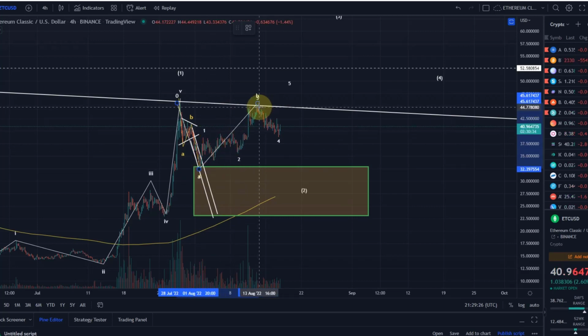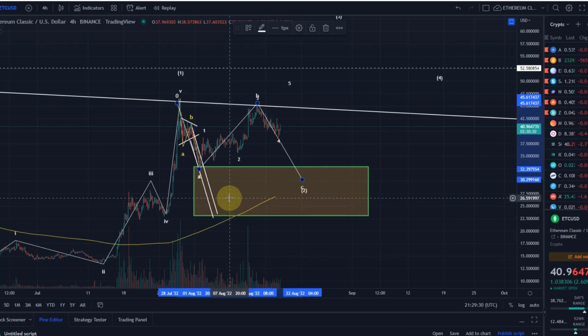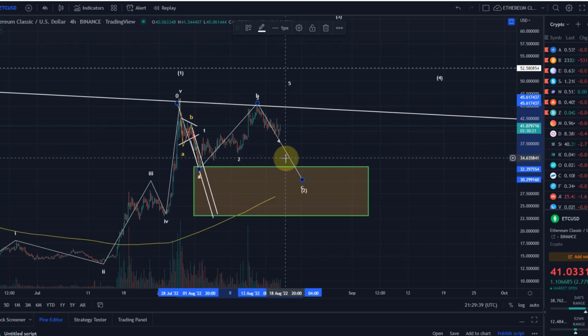You can count that as a 3-wave move. And now we would be coming down in a wave C. Is it my primary expectation? No. I think we are still here, either in that impulsive wave pattern, hopefully.